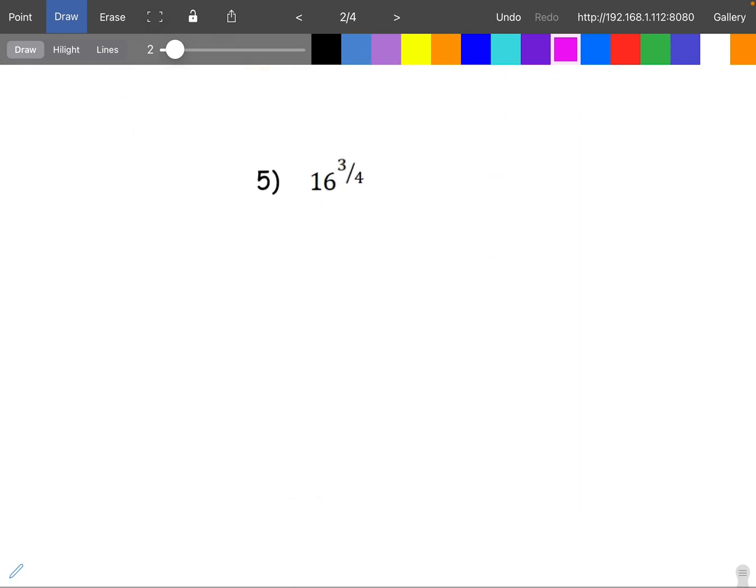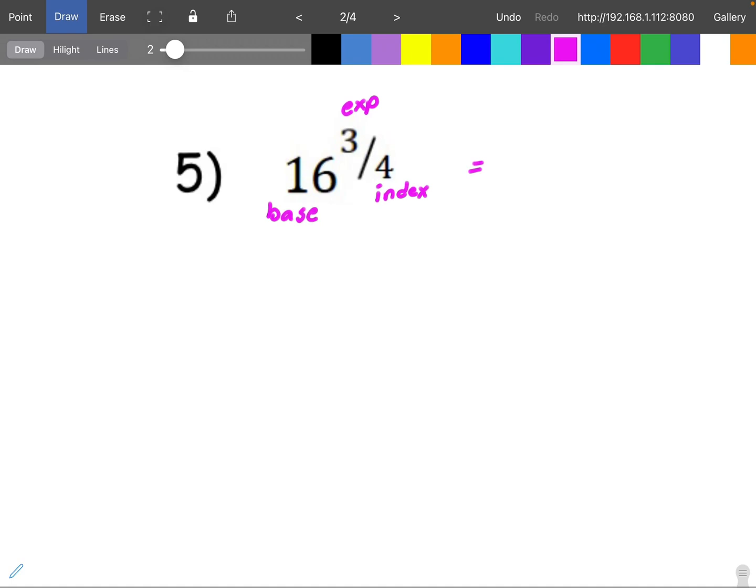All right, now for this next one, I actually want to look at it both ways with you and show you that they're both going to work, but one is definitely easier than the other sometimes. So for this one, we have both an exponent other than 1, and we have an index. So we know that this is going to be the exponent, and this is going to be the index on the radical. Our base is going to be 16. So we're going to do this 2 ways.